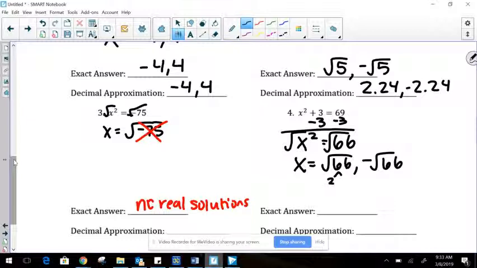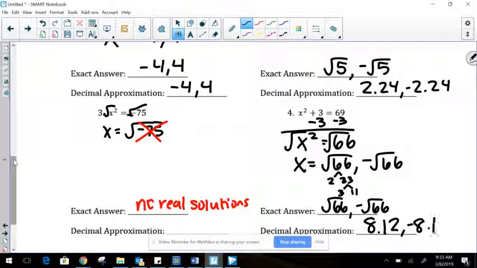So I have what? 2 times 33, 3 times 11. All of these are prime numbers, so I can't break it down anymore. So that's my answer, square root of 66 and negative square root of 66. Type that into your calculator then. You should get positive 8.12 and negative 8.12.